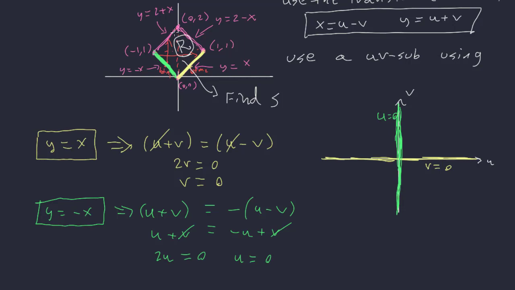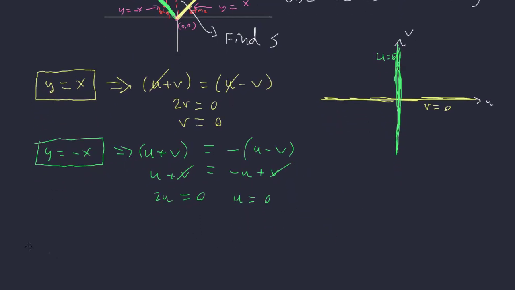Okay, next up, let's do 2 plus x here in blue. All right, so y equals 2 plus x, so the y is always this u plus v, and then it will be 2 plus x, which is u minus v.